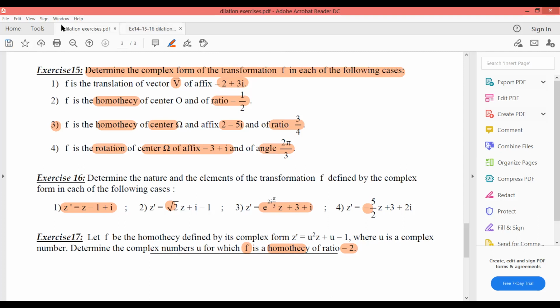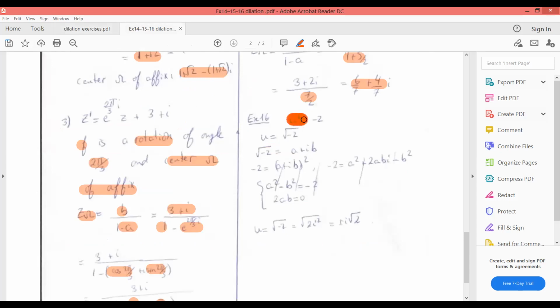So I put U squared equals minus 2. Then U equals plus or minus radical minus 2. So U equals plus or minus radical 2 i squared, which is equal to plus or minus i radical 2. So don't forget to put plus or minus.